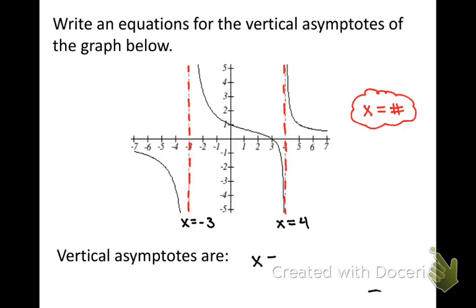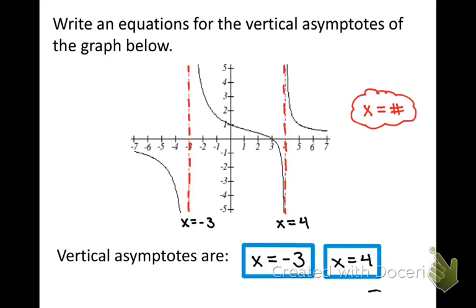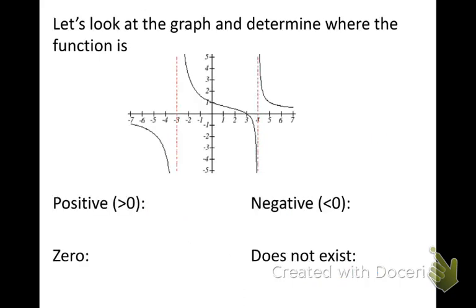So our two vertical asymptotes are going to be just that, x equals -3 and x equals 4.